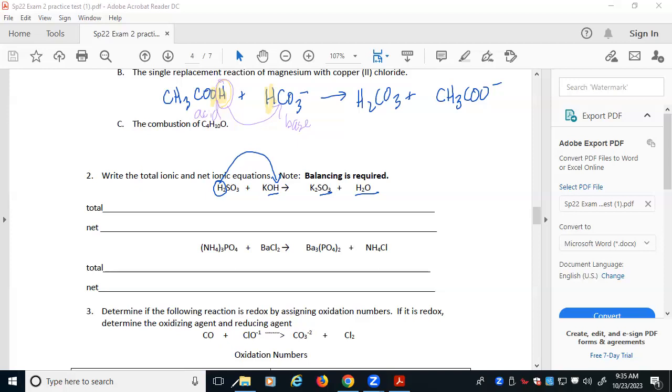Or do you see hydronium, H3O plus? That tells you what the water did. If it took on that H plus and became H3O, then we know that the water was a base because it took in that hydrogen. If we see hydroxide on the other side, we know that the water acted as an acid because the difference between water and hydroxide is the loss of that H plus.